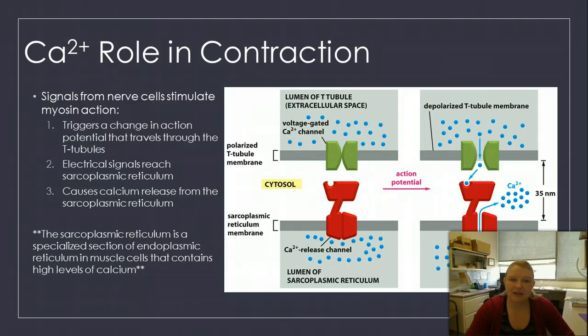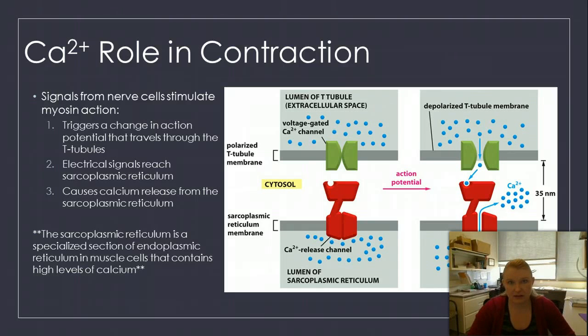These electrical signals are going to reach the sarcoplasmic reticulum. The sarcoplasmic reticulum is the area of the endoplasmic reticulum that's specific to muscle cells and is high in calcium. When the voltage-gated calcium channel in the T-tubule opens, it sends a signal across to the sarcoplasmic reticulum, which signals calcium release. And so now calcium is going to be released into the cell.